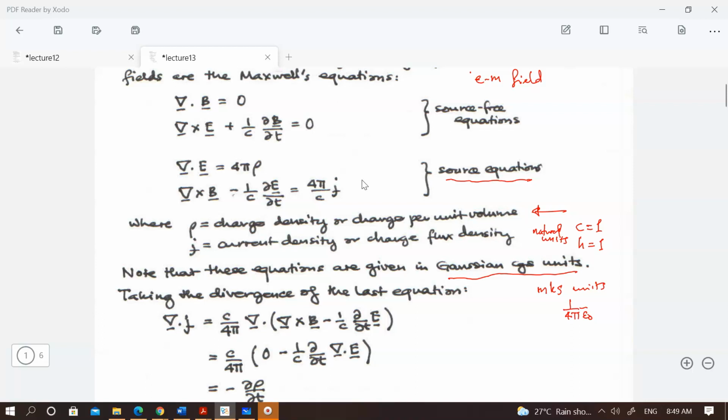At this stage, we're still treating your electromagnetic field by considering magnetic fields and electric fields separately, so that we can talk about potentials after this.